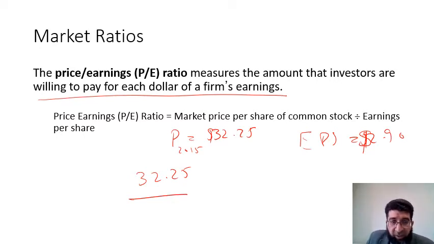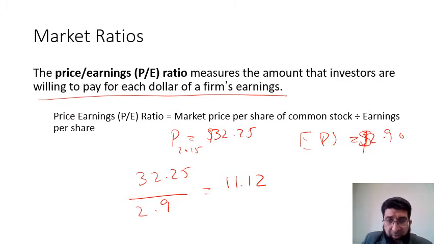It comes from the income statement directly. That is 2.9, and it comes out to be 11.12 times.